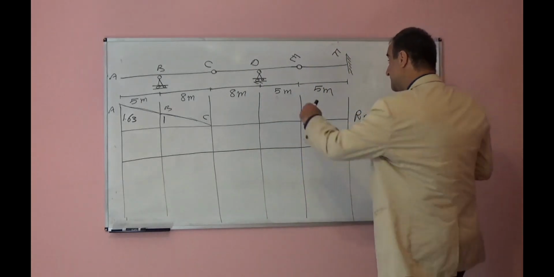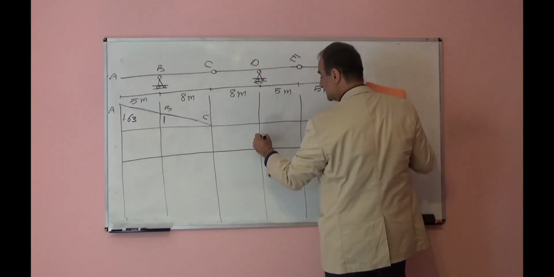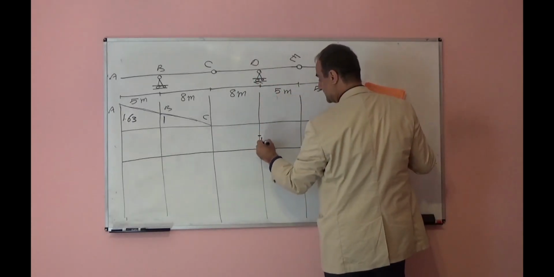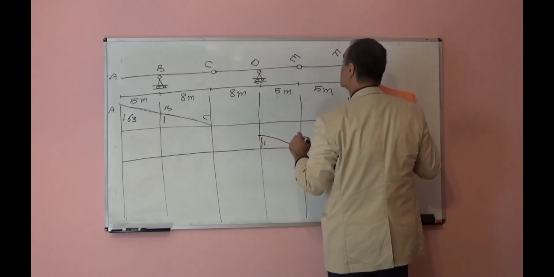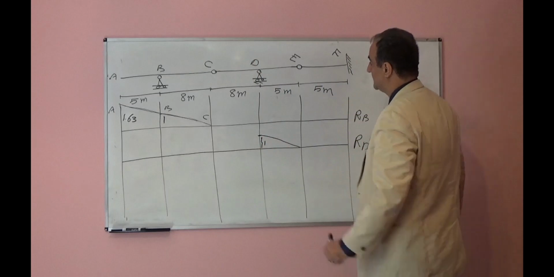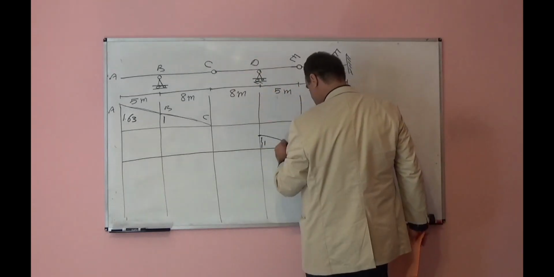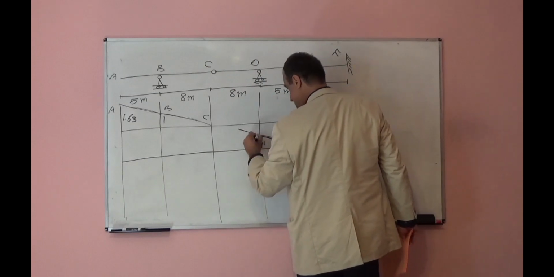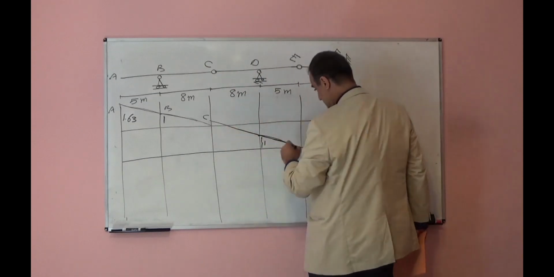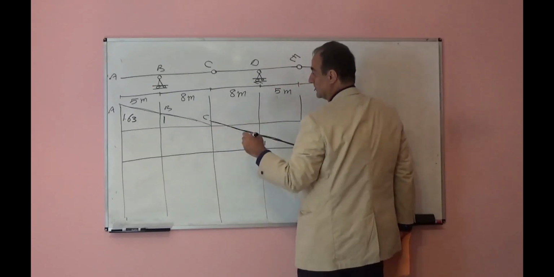If you remove this and you move up, the point D, for example, will go up here. This is 1. This part will rotate with respect to E. Because this is continuous from E to C, you should show it as one continuous line up to C. Something like this. It is one straight line.